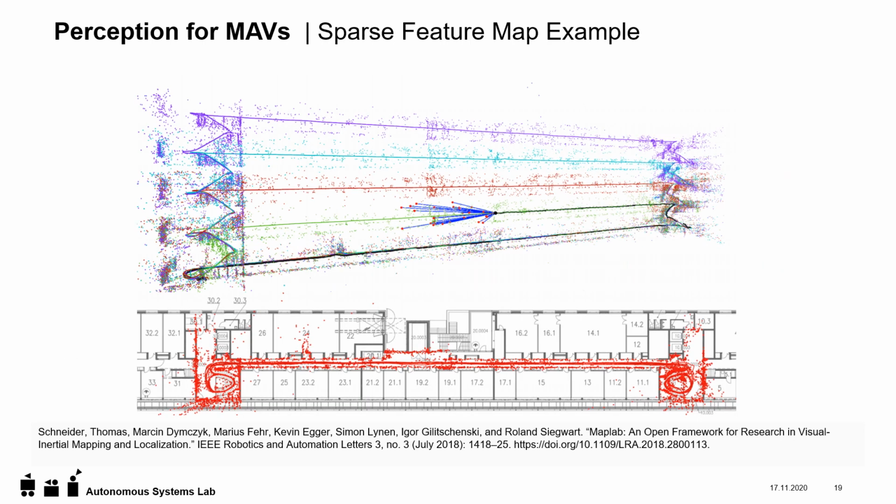Such a map can look something like this. This is from a handheld data set done in the MapLab paper, which is also an open source software for performing map-based localization and mapping, where we see all the colorful dots are individual landmarks, and we see in the middle an example of one observation that is connected to all the landmarks observed.